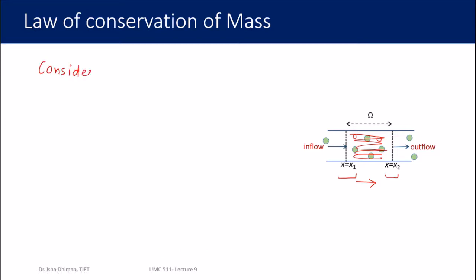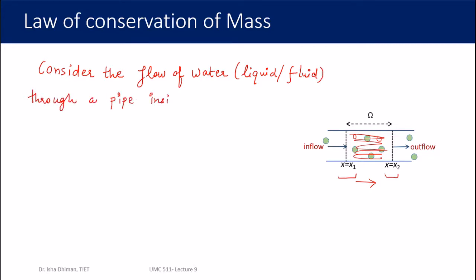So you consider the flow of water or liquid or any fluid through a pipe inside a section of length x1, x2, and then over this section I'll be applying the law of conservation of mass.